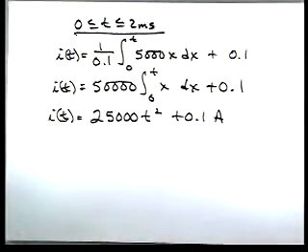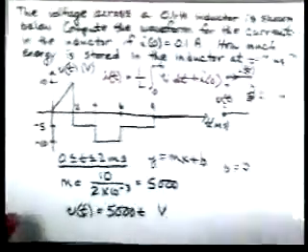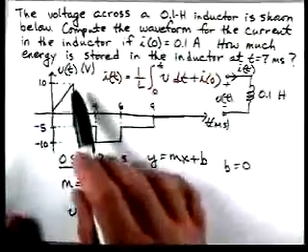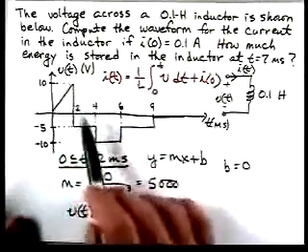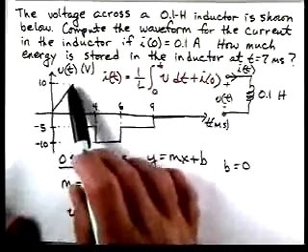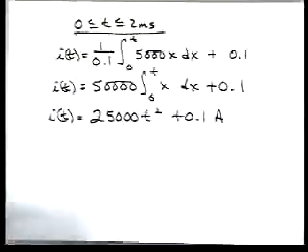Now we remember that the current through an inductor is a continuous function. The voltage changes, but the current doesn't change instantaneously. The initial condition for this next interval is determined by the inductor current at 2 milliseconds.